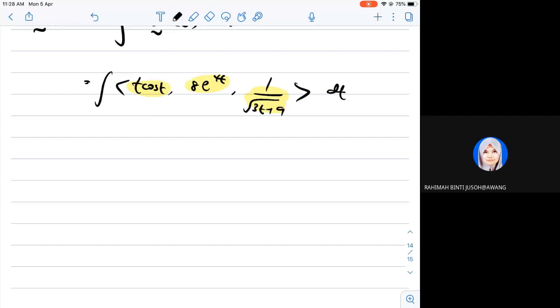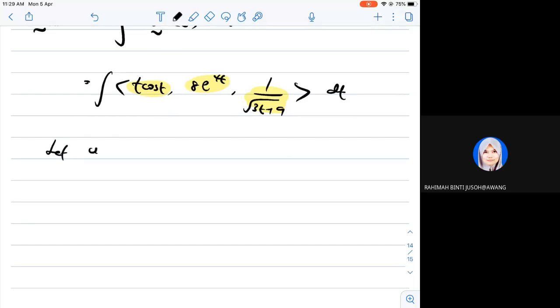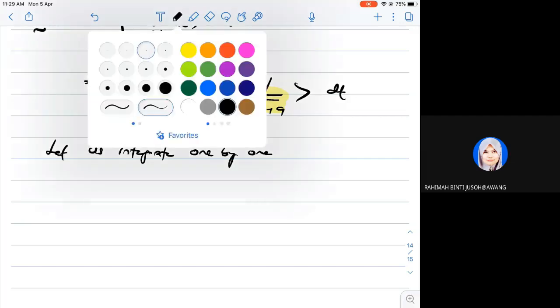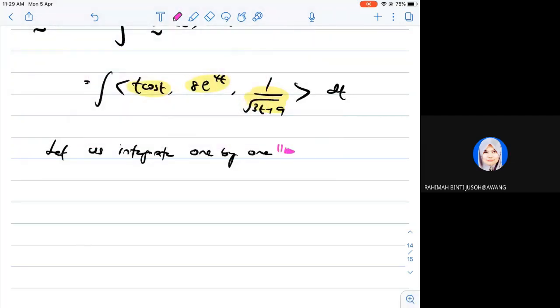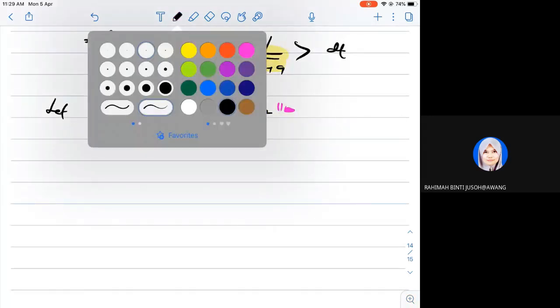Did you know the tabular method? Pernah dengar guys? Yang ada integrate tu. Betul. One by one. Kalau tadi dia simple saya boleh integrate terus. But now we have to integrate one by one lah, supaya you faham lah benda ni.